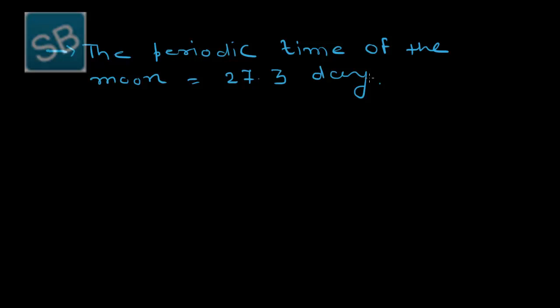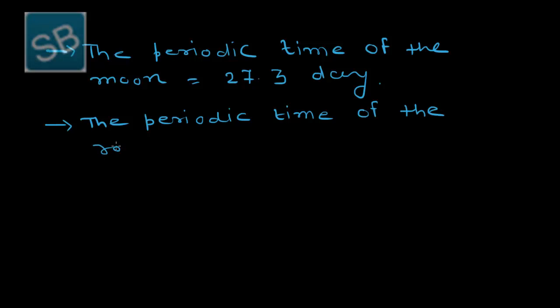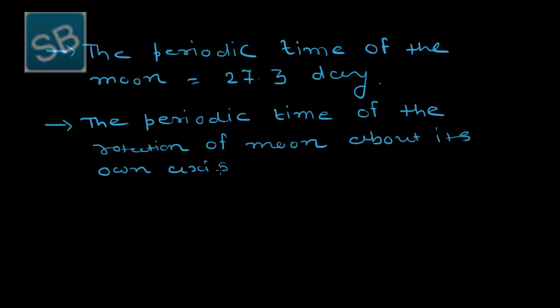And the periodic time of the rotation of moon about its own axis is also nearly equal to 27.3 days.